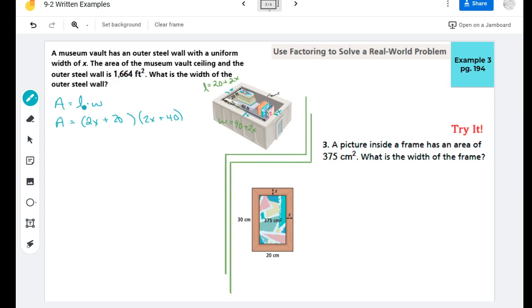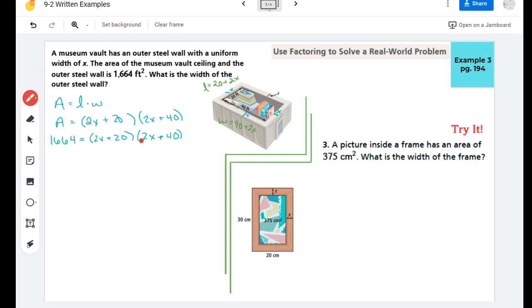And so our area is 1664. So I could actually plug that in where the A is as well. Alrighty, so now the only thing left in this equation that's unknown, or the only variable, is x. So theoretically, I should be able to multiply all this stuff out and then get a value for x.